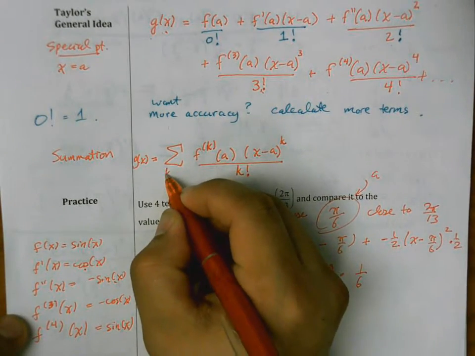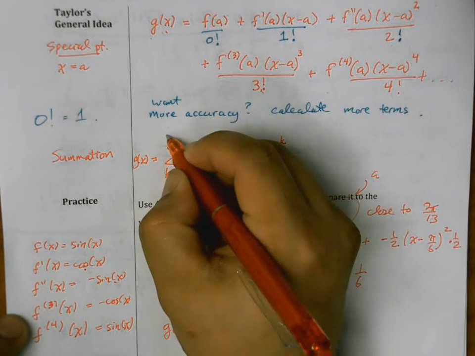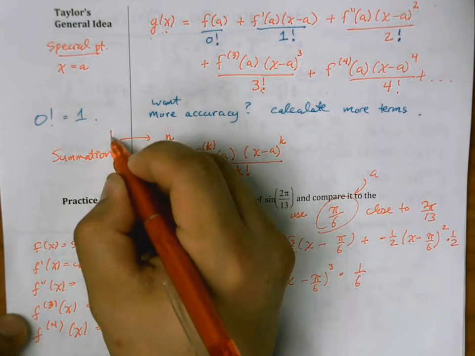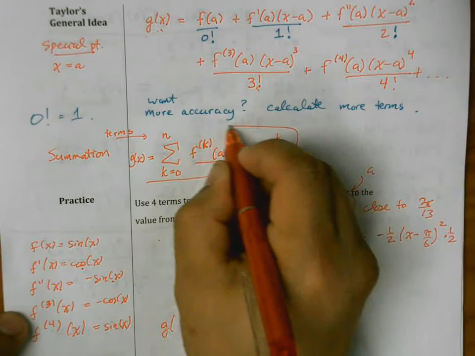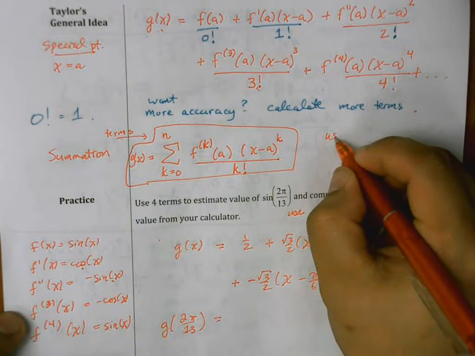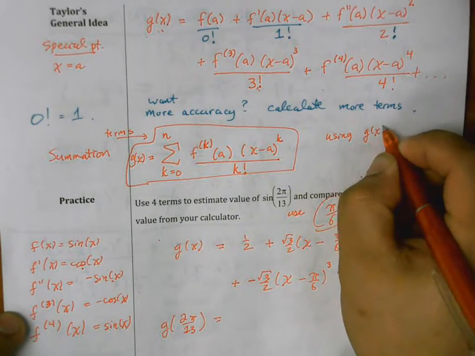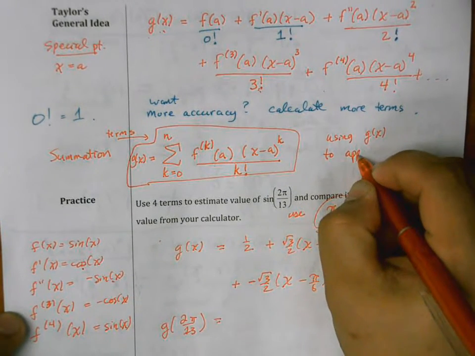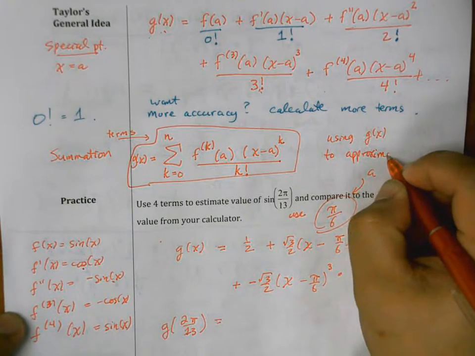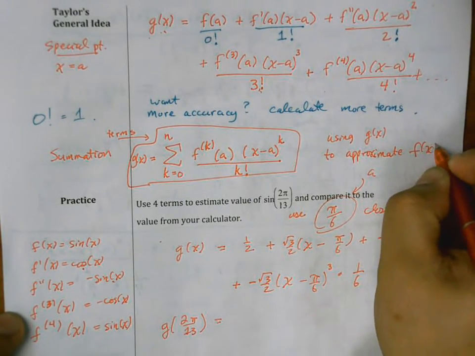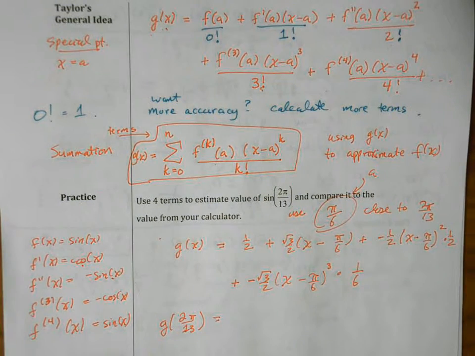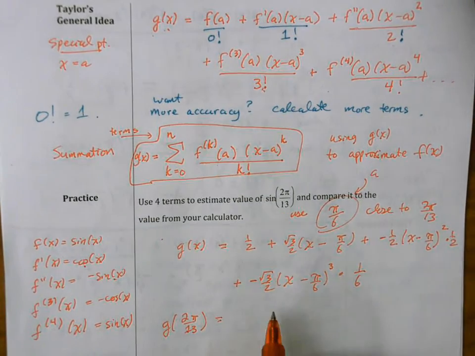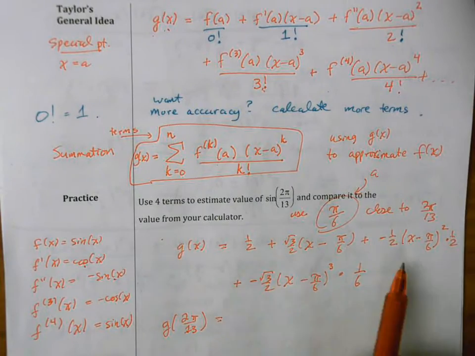And we're going to start out from k equals 0 to n, okay, where this is terms, however many terms that you wish. Okay, and this is using g to approximate f, okay, with a as our special point. Okay.